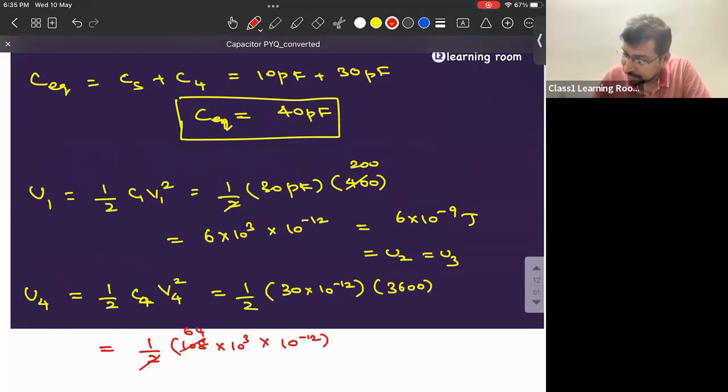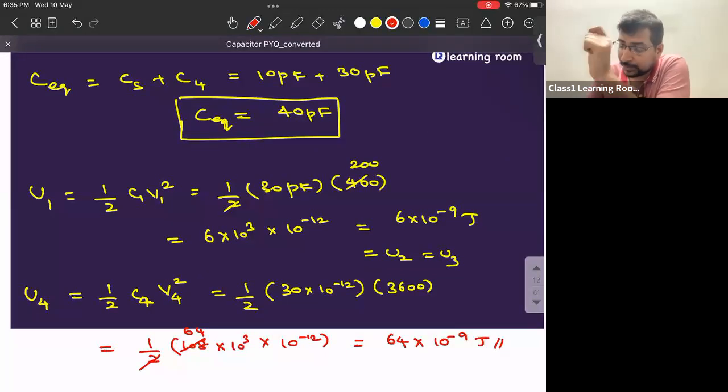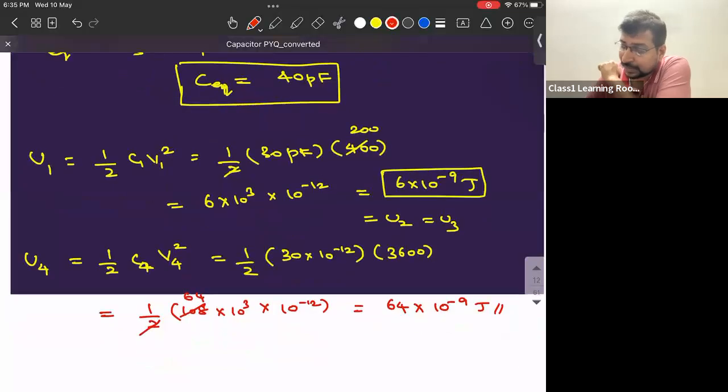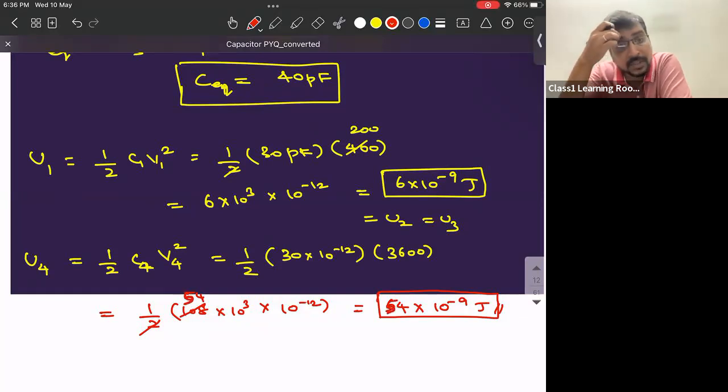The energy across the first, second, and third is going to be 6 nanojoule, whereas the energy across the fourth capacitor, one minute, it is actually 54. So it is going to be 54 nanojoule. Right? It is 54 into 10 power minus 9.